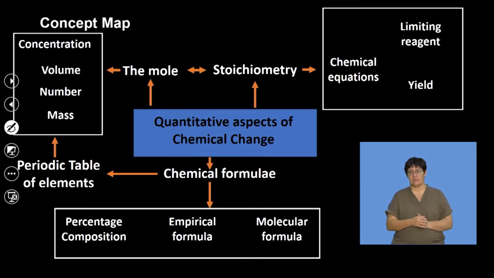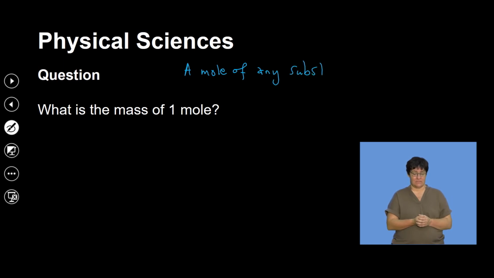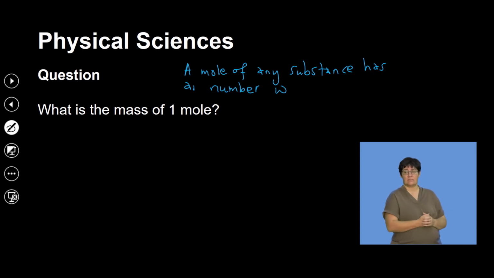And then we're still looking into the question now: what is the mass of 1 mole? Now we know how many particles make up a mole. So a mole of any substance has a number of particles which is constant, right?